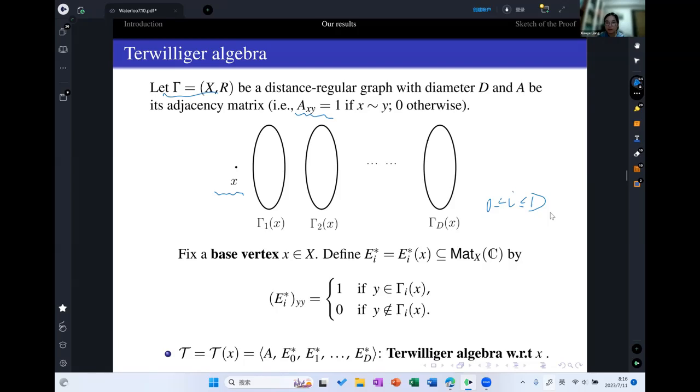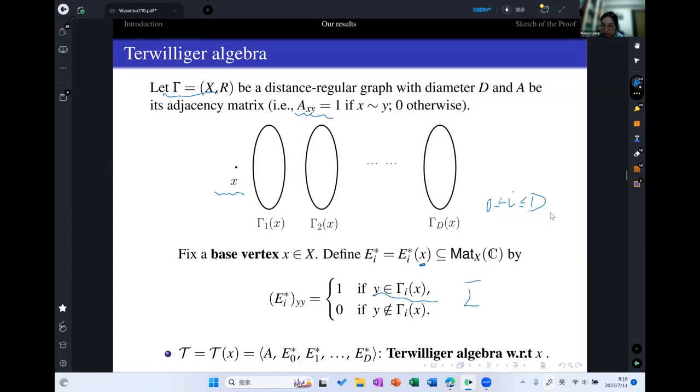Then we can define diagonal matrices Ei star with respect to x. This is about the base point. The yy entry of Ei star is 1 if y is in gamma_i(x), 0 otherwise.